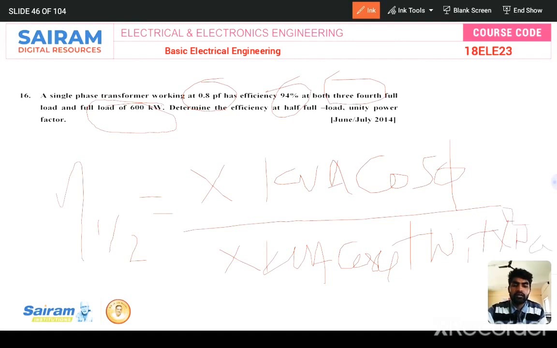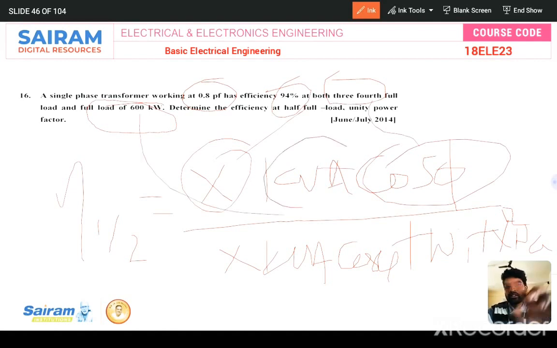So what are the unknown values in this formula? This is a known value, half load or full load, and power factor is also known, unity power factor. kVA is given 600, not kilowatts, keep it in your mind, it should have been kVA. And iron loss we don't know, and copper loss we don't know.